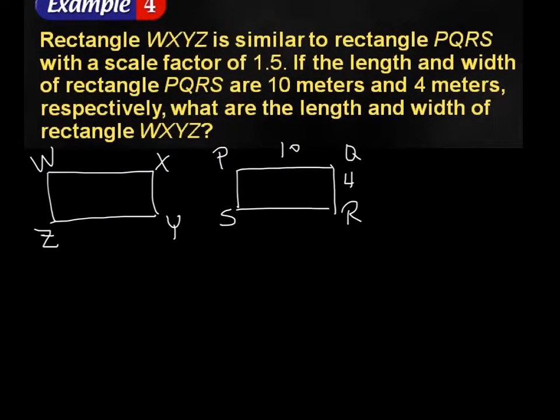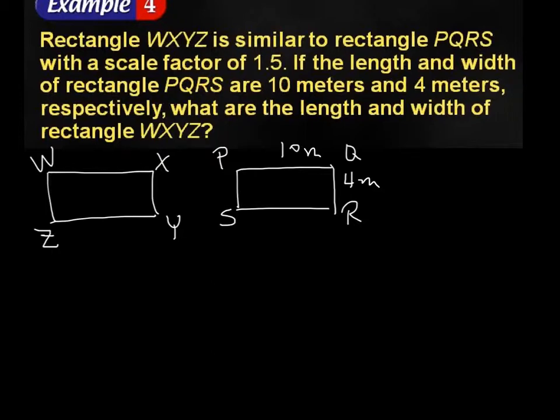Rectangle WXYZ is similar to rectangle PQRS with a scale factor of 1.5. If the length and width of rectangle PQRS are 10 meters and 4 meters, respectively, what are the length and width of rectangle WXYZ?